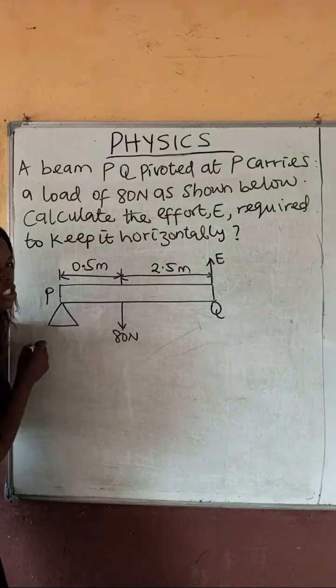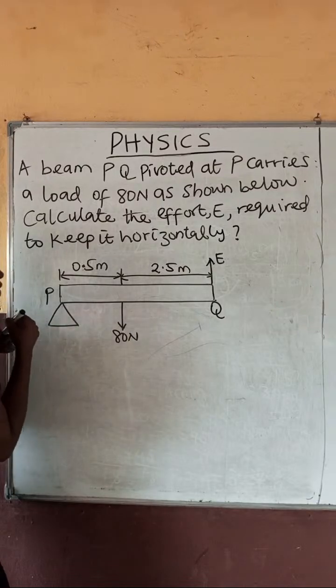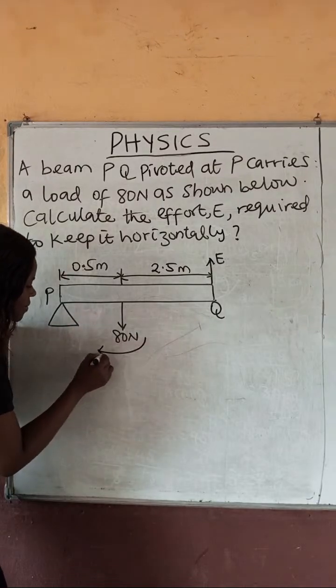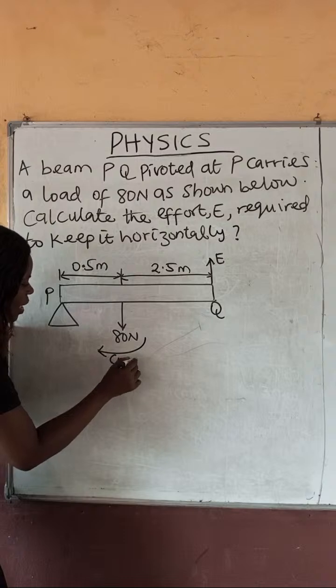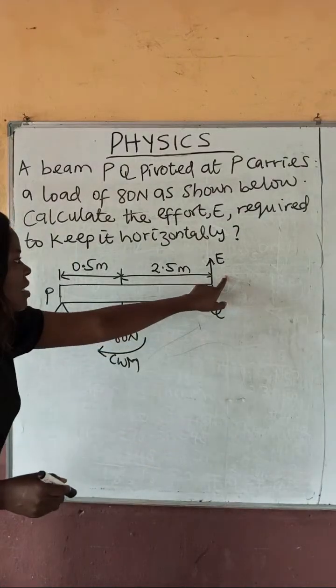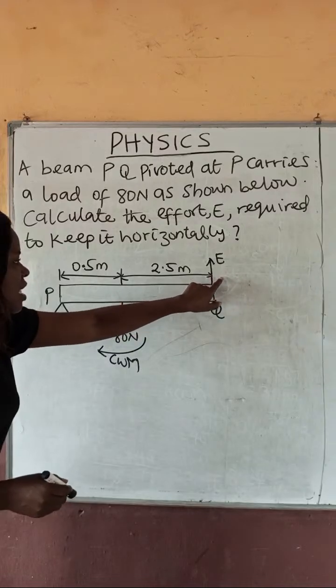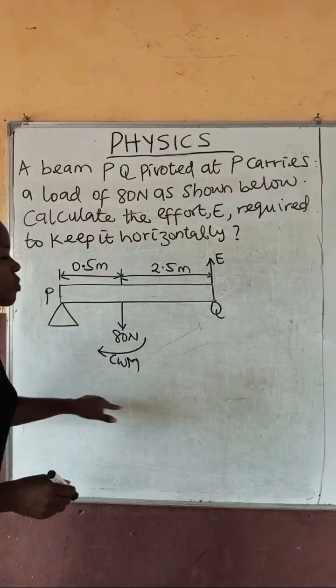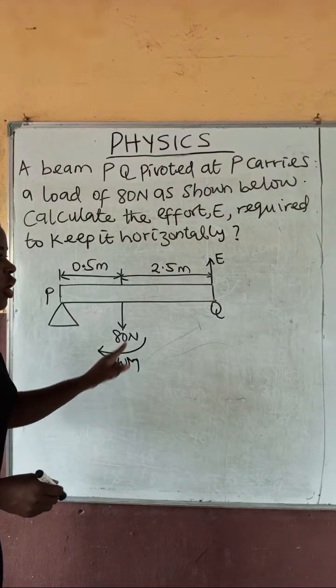Looking at this 80 Newton in respect to this pivot, it becomes a clockwise moment. Looking at this E, it can no longer come this way to be clockwise. It's going to be anti-clockwise.